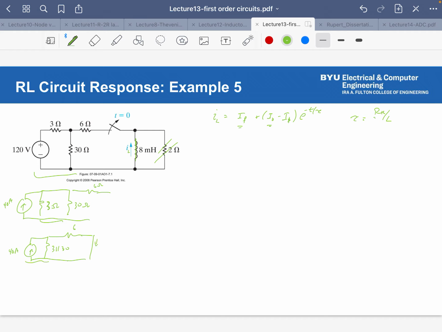And so now we could come back to a voltage source, and it's going to be 3 in parallel with 30, and then 6. And this would be 40 times 3 in parallel with 30. Let me just look on my computer.